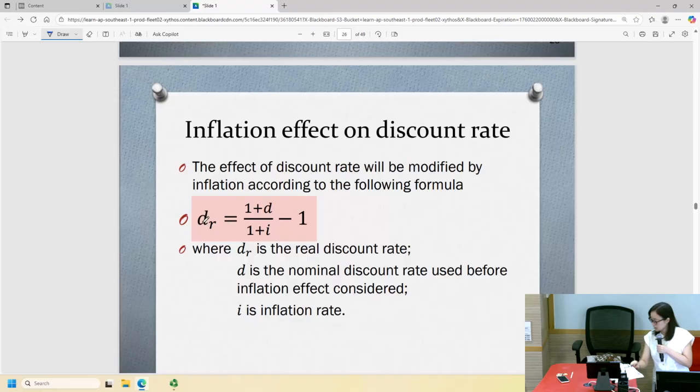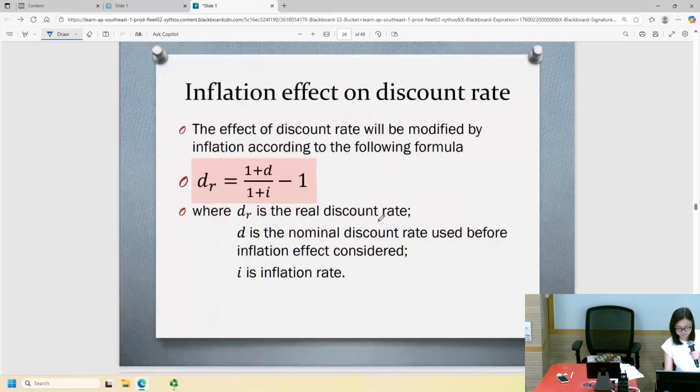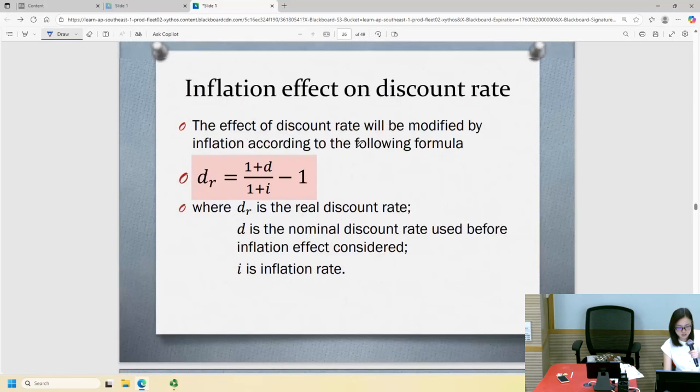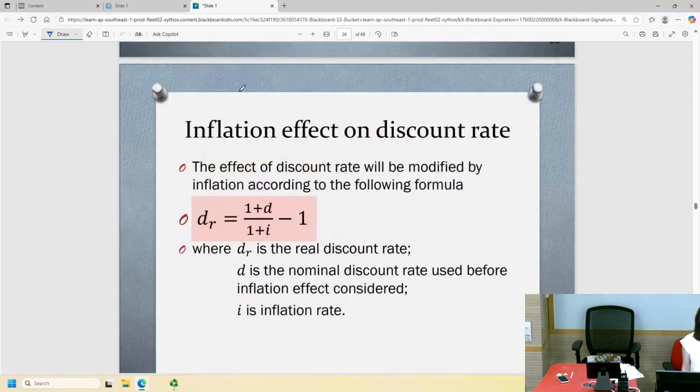So to explain this equation, let's say you want to buy an iPhone, and you know that you can only buy the iPhone maybe 4 years later.